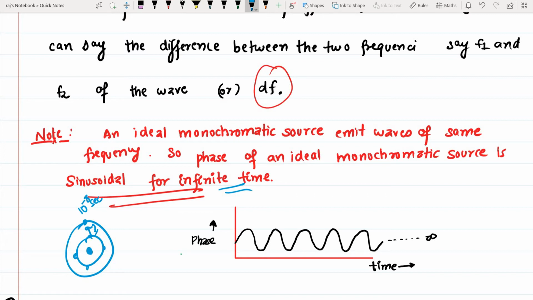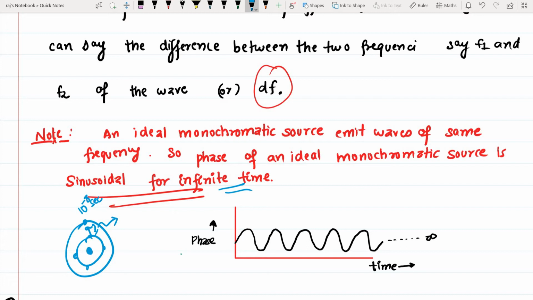When it comes back, some energy is radiated outwards, and that radiated energy is nothing but light. Since electrons move with some time difference, there will be some phase difference. So you cannot say that you will have a sinusoidal wave for an infinite amount of time. There can be breaks.